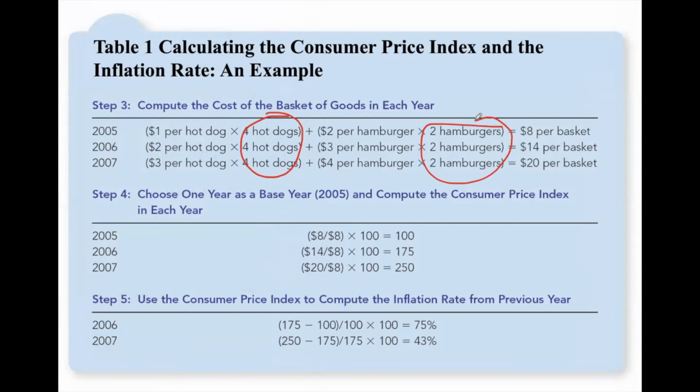If we talk about the GDP, we find the value of the products produced and sold in a year. So in the previous chapter, the quantity changed. But for CPI, we fix the basket. That's why the quantity of goods is fixed.